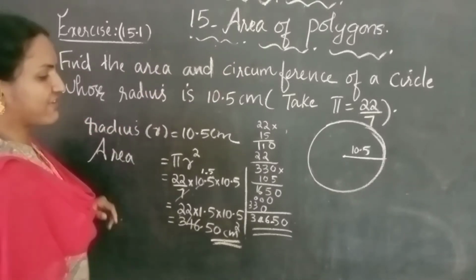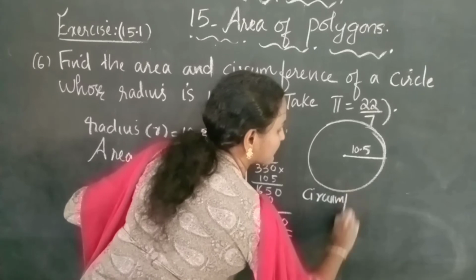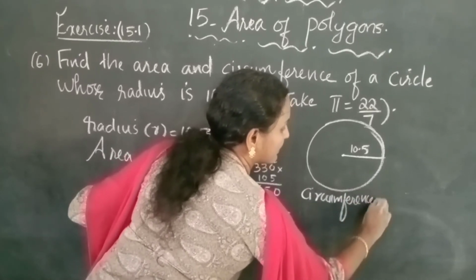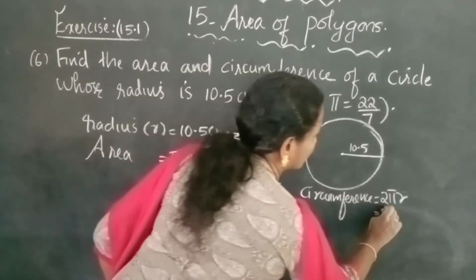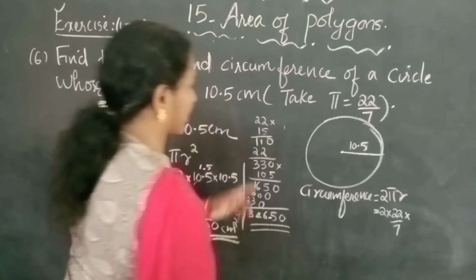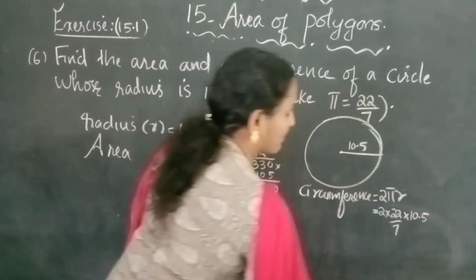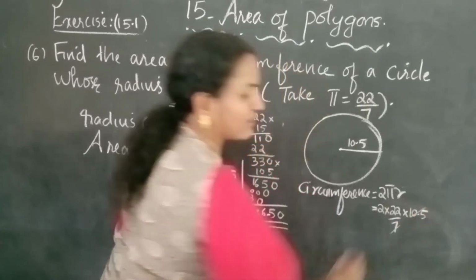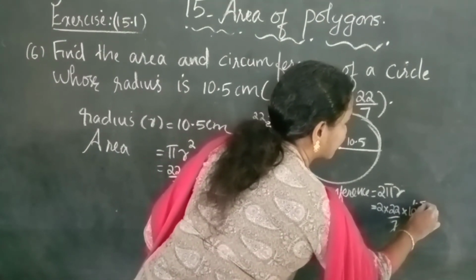Then circumference. Circumference of a circle is equal to 2 pi r is equal to 2 into 22 by 7 into r. R is 10.5. Here cancel 7 and 10.5. 1 7s are 7, 5 7s are 35, so 1.5.